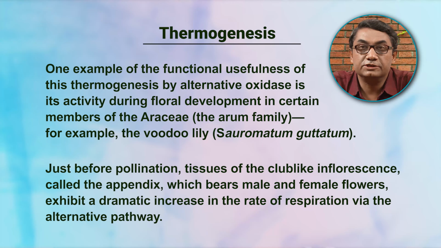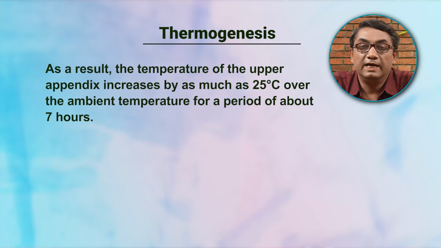Just before pollination, tissues of the club-like inflorescence called the appendix, which bears male and female flowers, exhibit a dramatic increase in the rate of respiration via the alternative pathway. As a result, the temperature of the upper appendix increases by as much as 25 degrees centigrade over the ambient temperature for a period of about 7 hours.